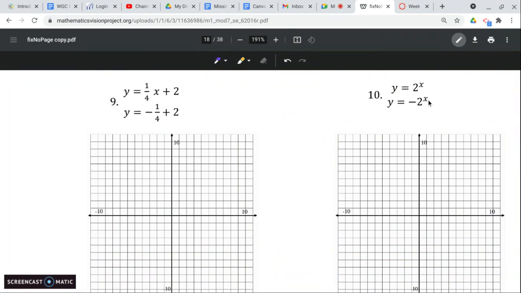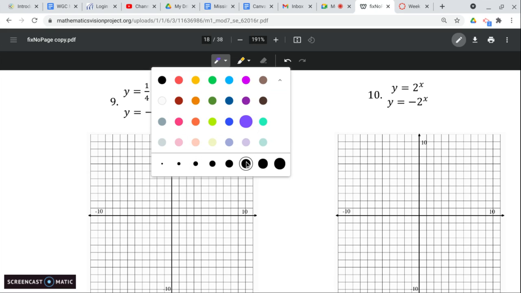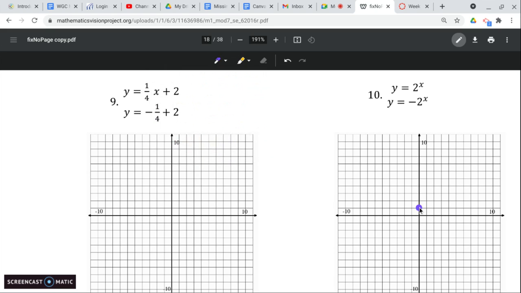We are also going to do number 10 together because this is a little bit different of a function. So if we plug in 0 to this, we're going to get 1 no matter what. So we get 1 for this first one. If we plug in 1, we get 2. If we plug in 2, we'd get 4. If we plug in 3, we'd get 8.